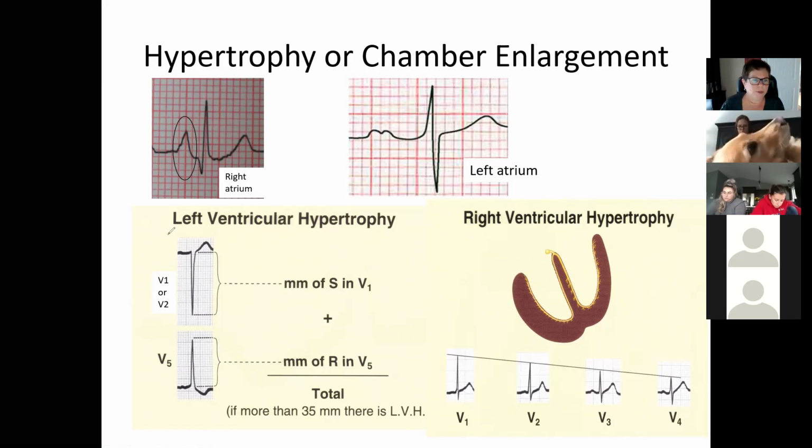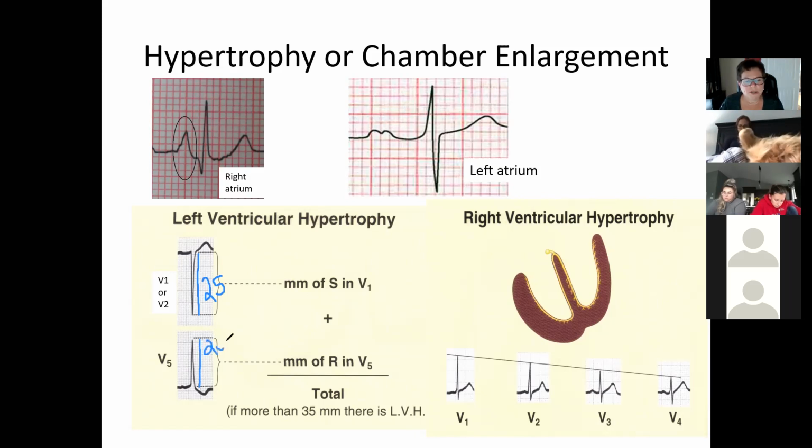And when you look here, this is your S wave, and when I count it, it's about 5, 10, 15, 20, I'm going to say 25 millimeters deep. And then I'm going to go to V5 or V6, and I'm going to see who is taller. And so obviously in this example, V5 was taller. So I count how tall he is. 3, 8, 13, 18, 19, 20.